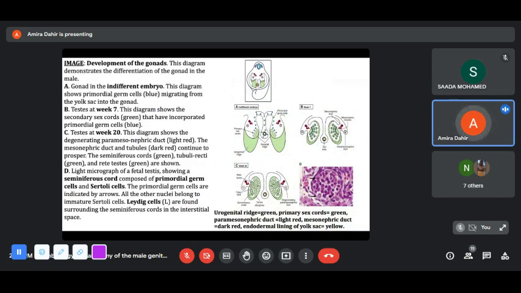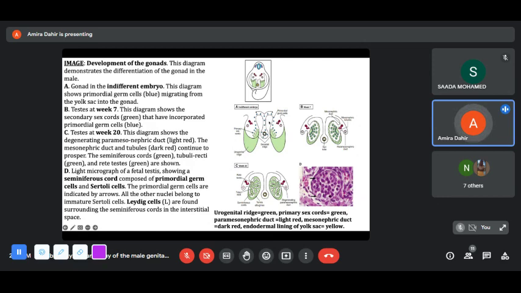This is a pictorial representation of the development of the gonad. You can see this is an indifferent embryo. And in this image here, this is an indifferent embryo, but there are primordial germ cells that are migrating towards the yolk sac.